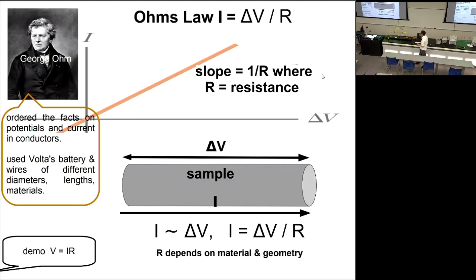What he discovered, and let's take a look at this graph, is that if you apply an electrical potential to some material, you'll get an electrical current through that material. That material might be a cylinder of copper or aluminium, an electrical conductor.